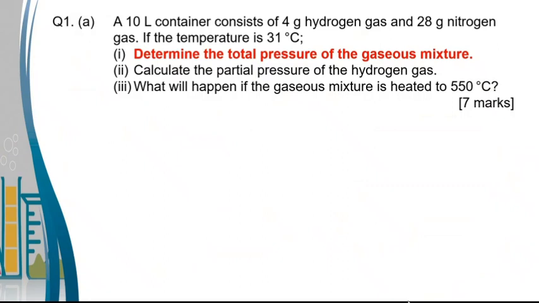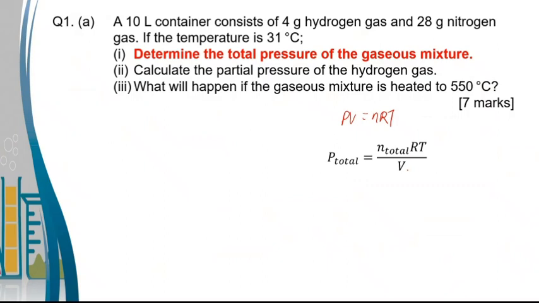In order to calculate the total pressure, we need to apply the ideal gas equation. From PV equals nRT, we can obtain the total pressure by using this formula: P total equals n total RT over V.